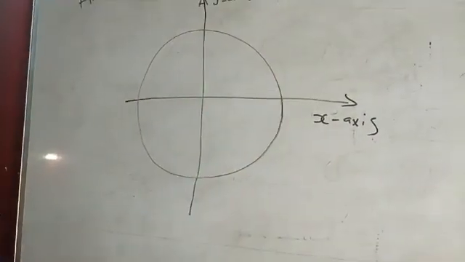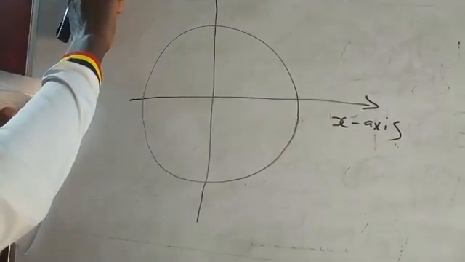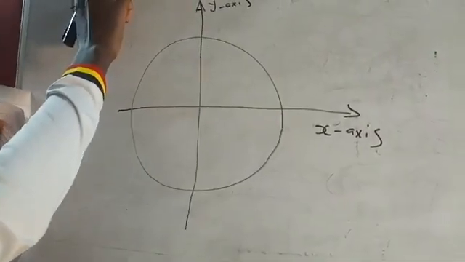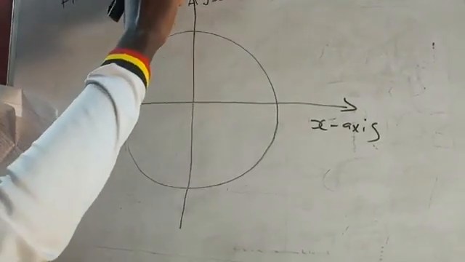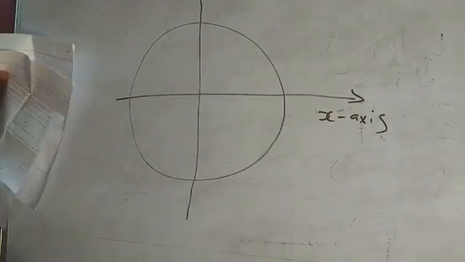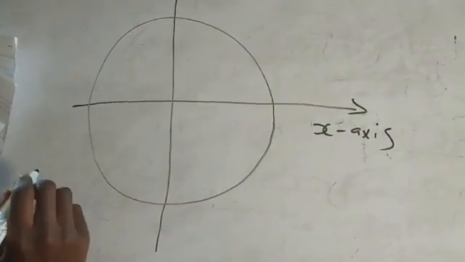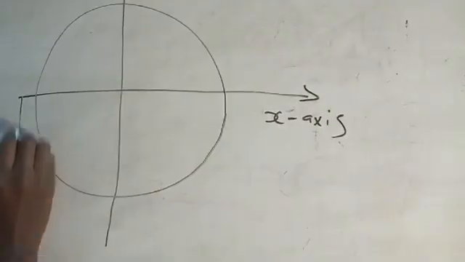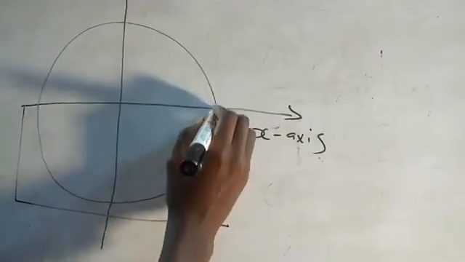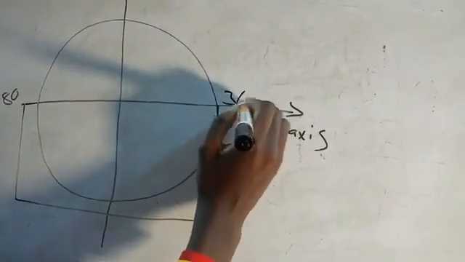They have told us that 180 degrees is less than or equal to x, which is less than or equal to 360, meaning this region down here, 180 and 360.